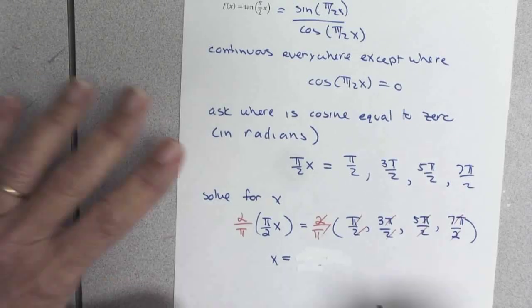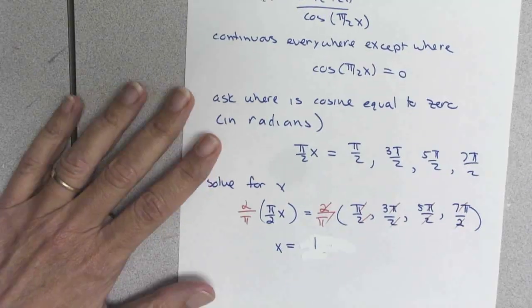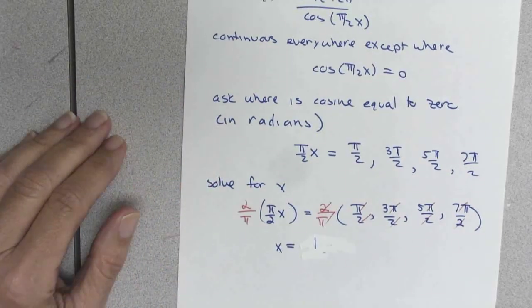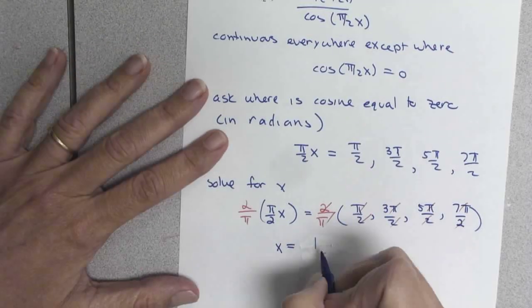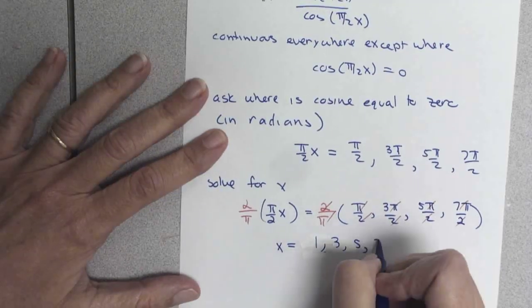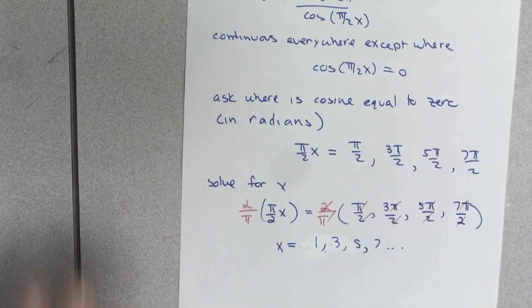Remember, cancel is just division: pi divided by pi is 1, 2 divided by 2 is 1. When everything cancels, a 1 is left behind, and otherwise we get 3, 5, 7, and so on. And so I would be tickled pink by that.